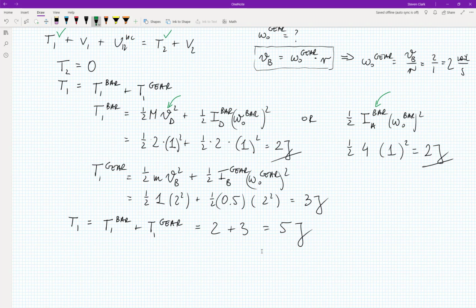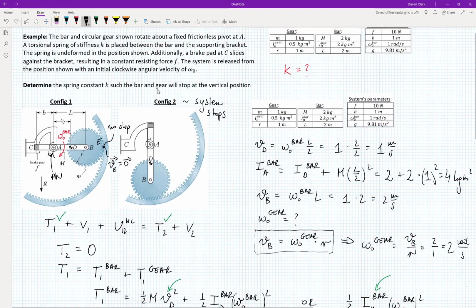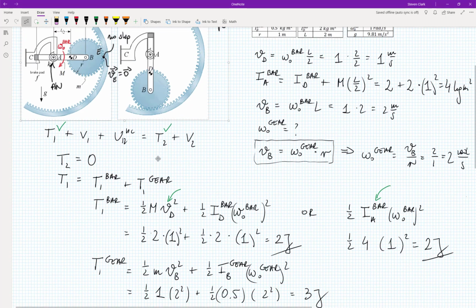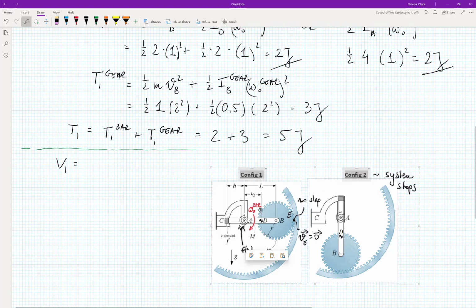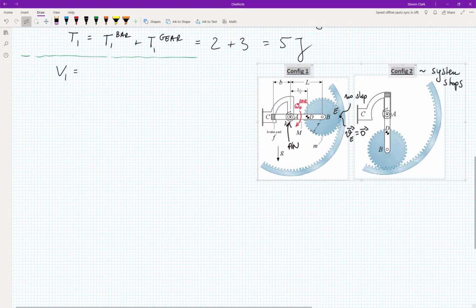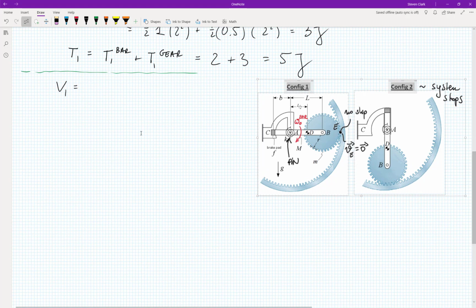Now let's focus on potential energies, okay? So now let's do V1. And let me copy that drawing. I like to have a drawing in my screen. Okay, so we have V1.